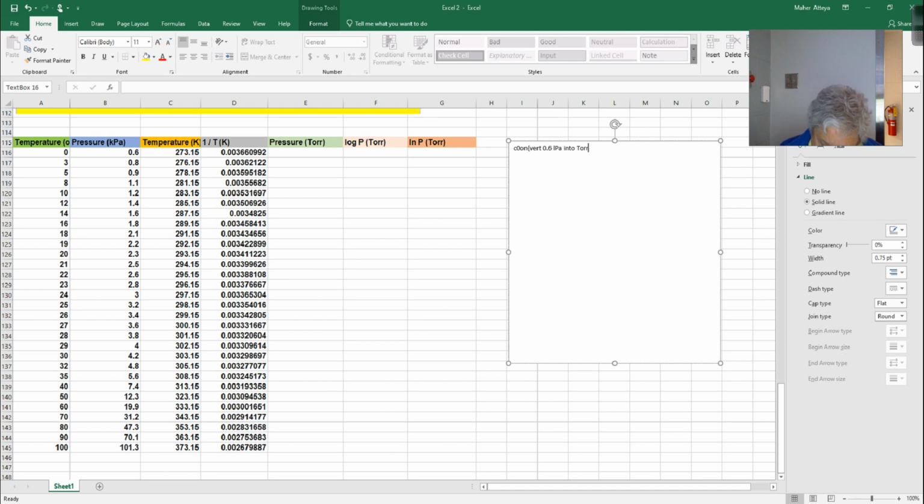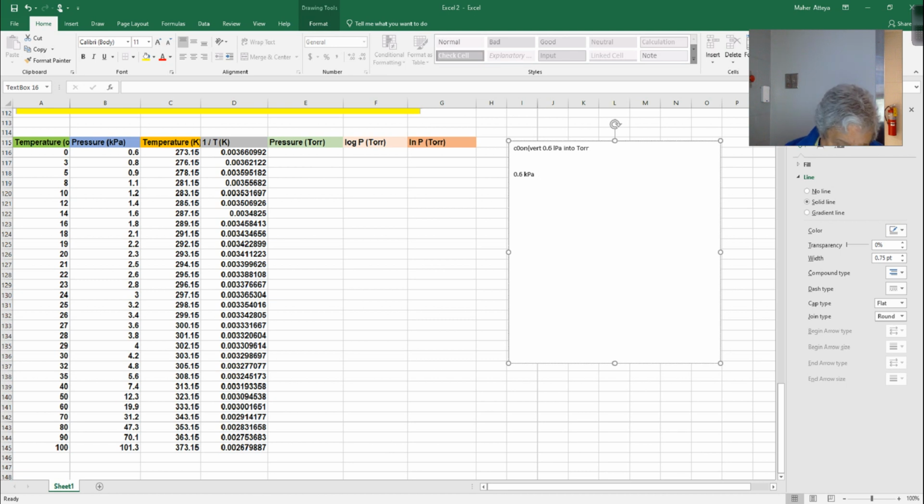So the 0.6 kilopascal, you can see kilopascal, and in one atmosphere I have 101.3 kilopascal.